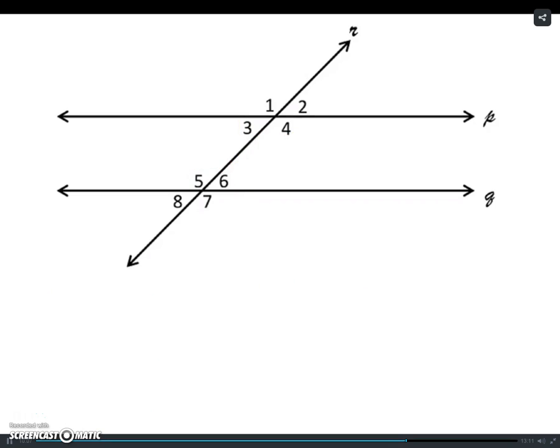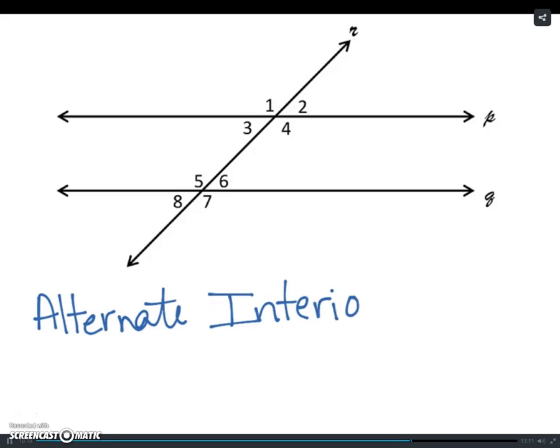Next, we are going to have alternate interior angles. Okay, so again, everything you need to know is in the name, right? Alternate means that they are on alternating sides of the transversal, so opposite sides, and interior means that they are on the interior of the parallel lines.